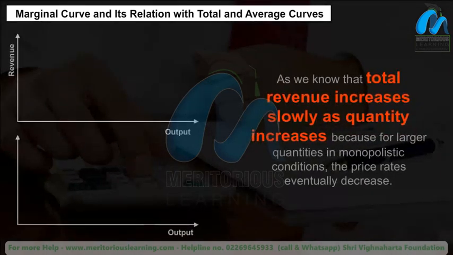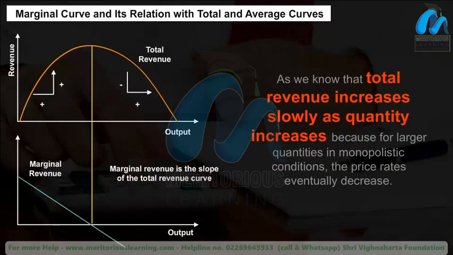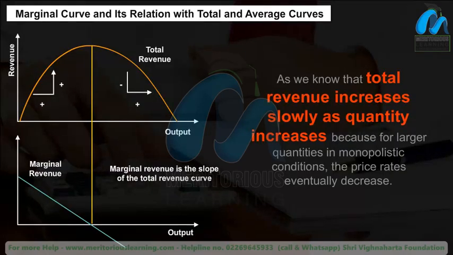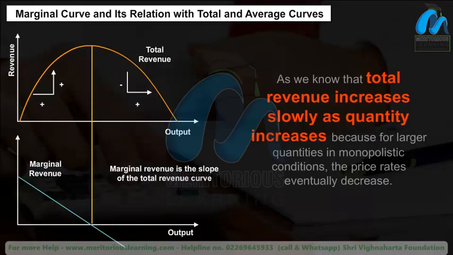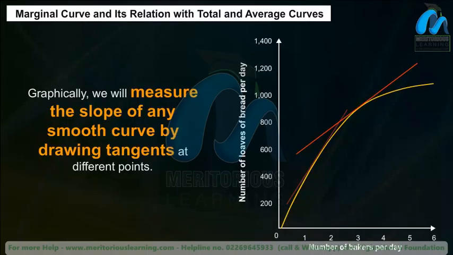As we know, total revenue increases slowly as quantity increases, because for larger quantities in monopolistic conditions, the price eventually decreases. Graphically, we measure the slope of any smooth curve by drawing tangents at different points.